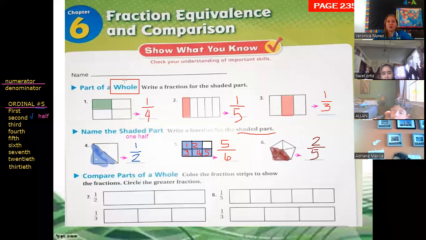So the first one is 1/4. This one. The second one, 1/5. 1/3. This one. 1/2 in this case. Now this one. 5/6. This 2/5.